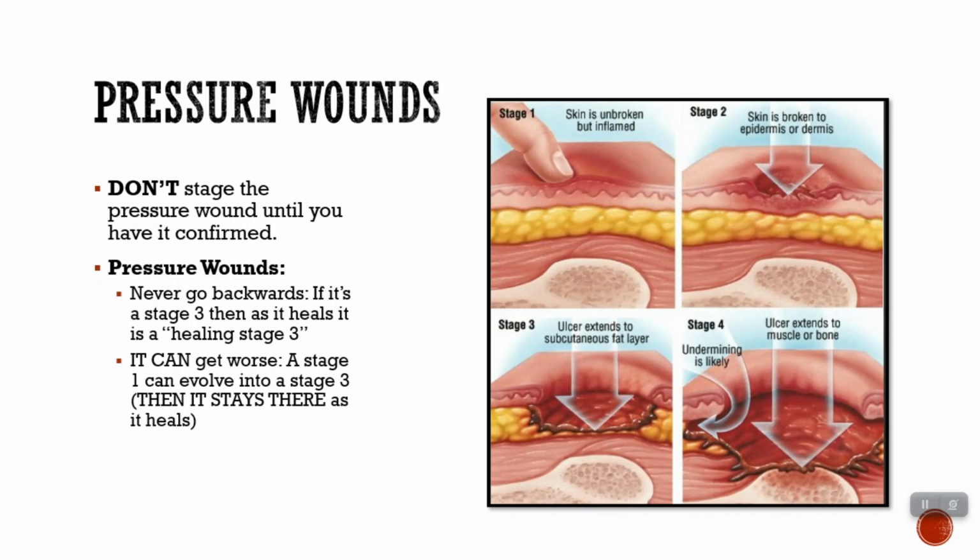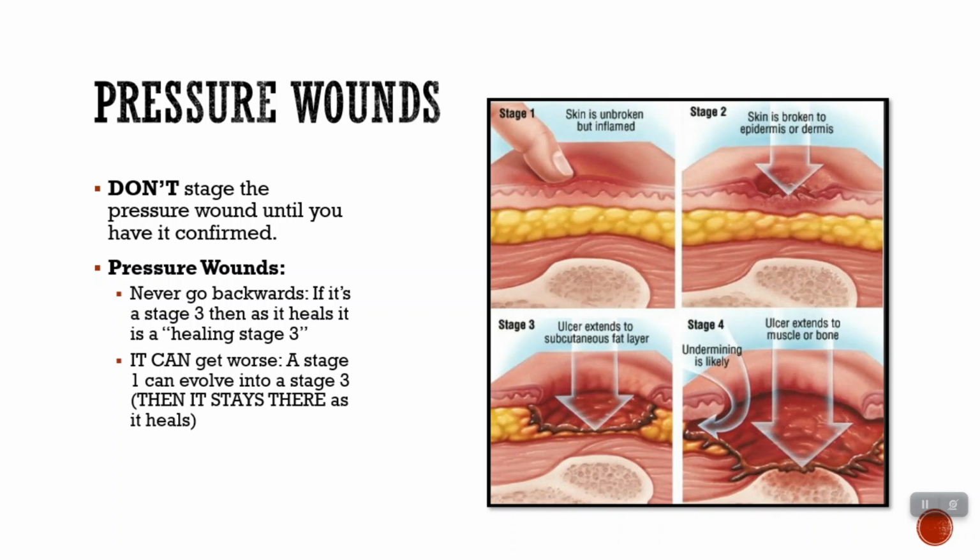And the image on the right is stage 1 to stage 4. A stage 1 is unbroken but inflamed, unblanchable skin, right? So when you place pressure there and let it off, you do not see a white indentation of your pressure, and then as you lift up, the area is perfused, so it's unblanchable.